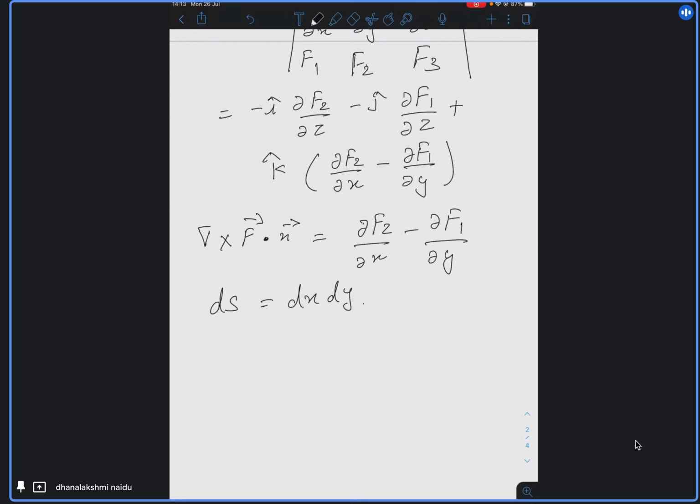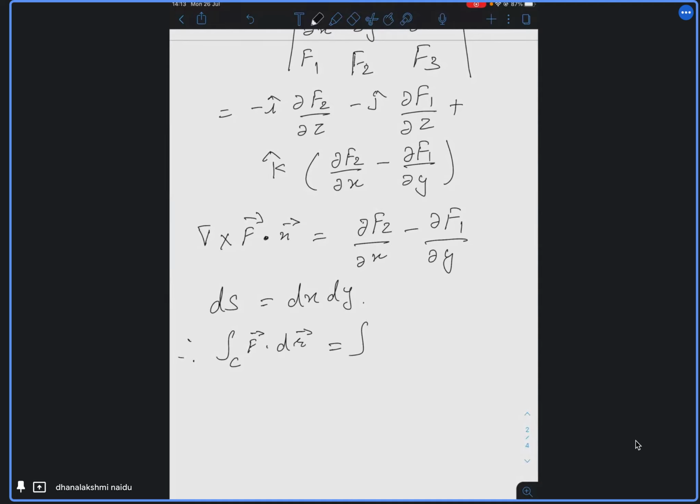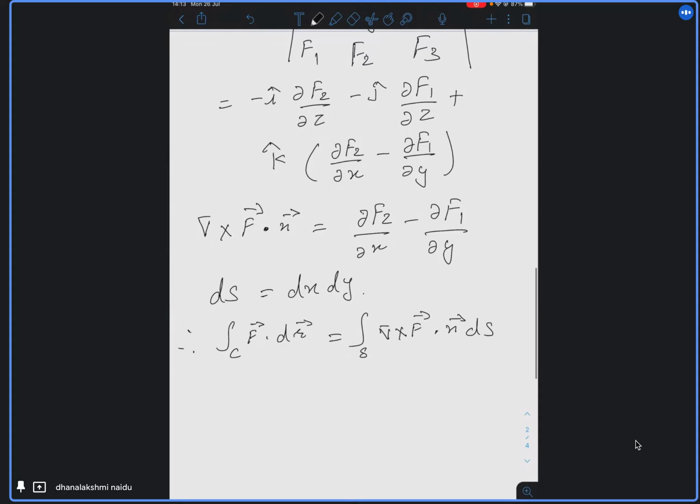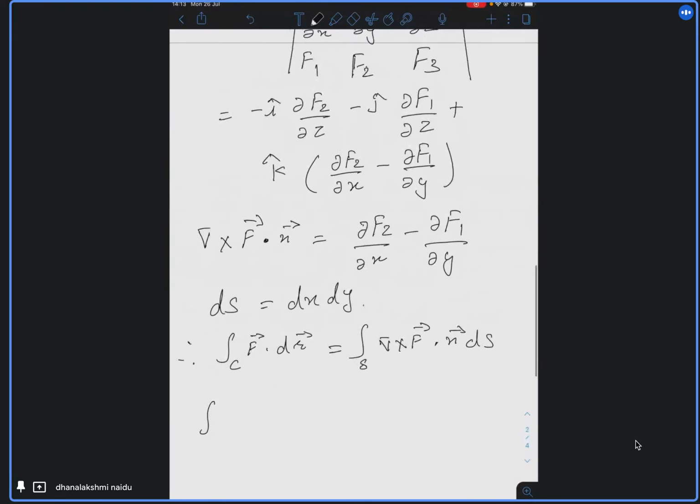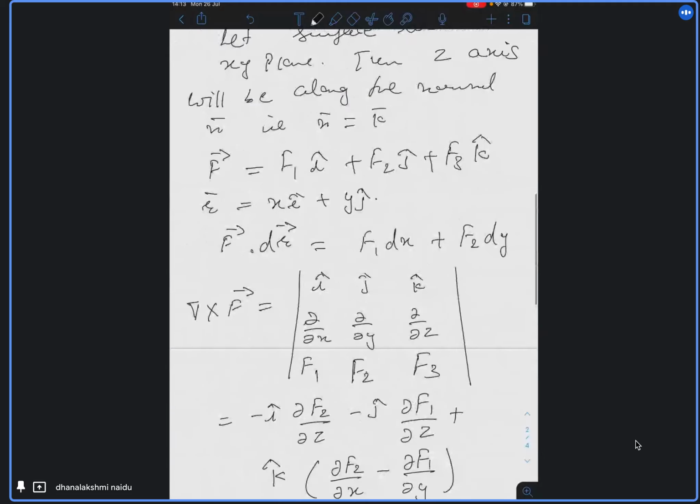So therefore, now I can write our Stokes theorem: the line integral of f bar dot dr bar is equal to the surface integral of del cross f bar dot n bar ds. Just now we proved that f bar dot dr is F1 dx plus F2 dy.